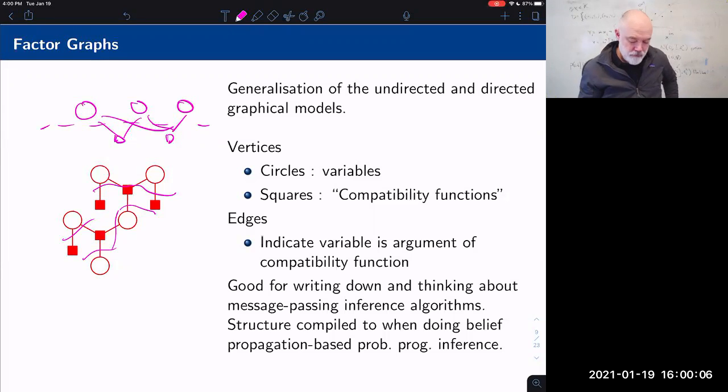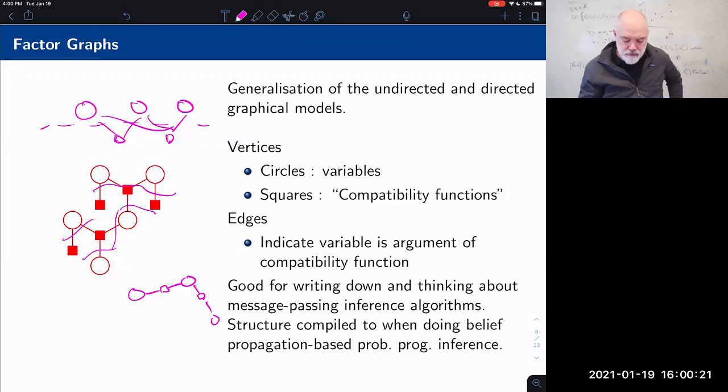Circles are random variables again. Squares are compatibility functions. It's a more explicit representation of Markov random fields. You could write a Markov random field in exactly the same way.